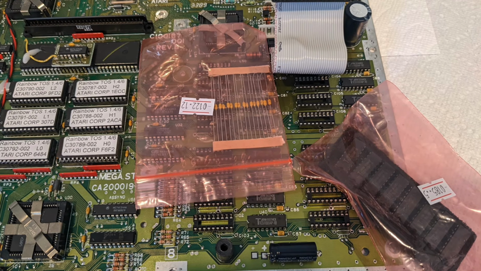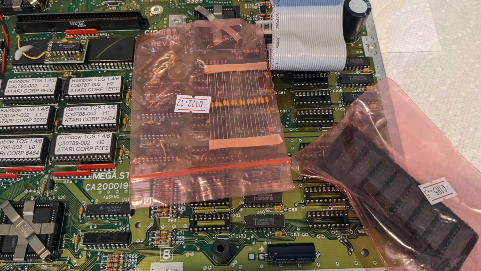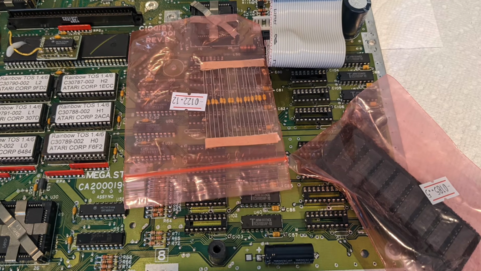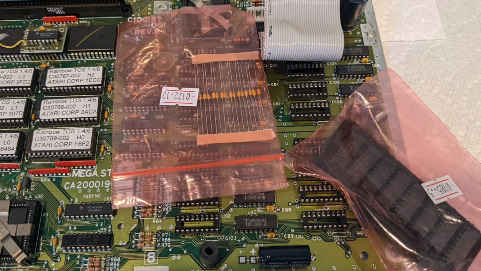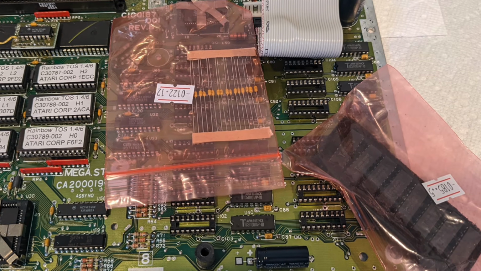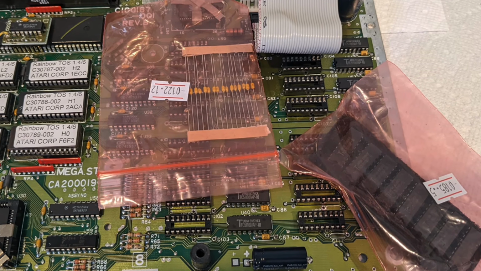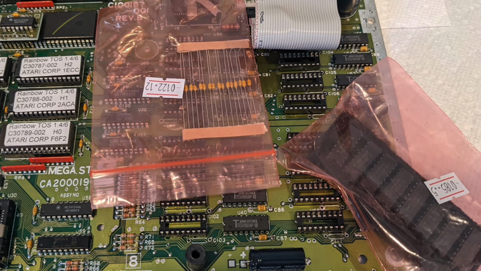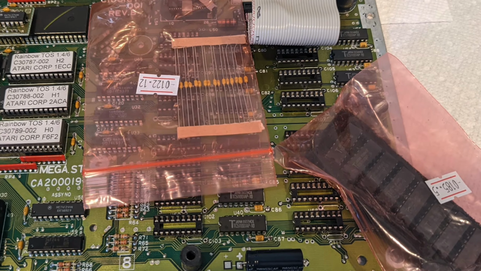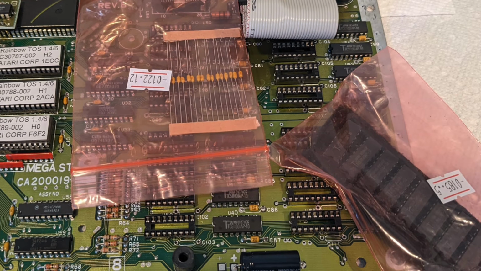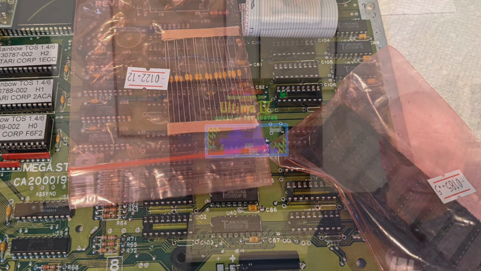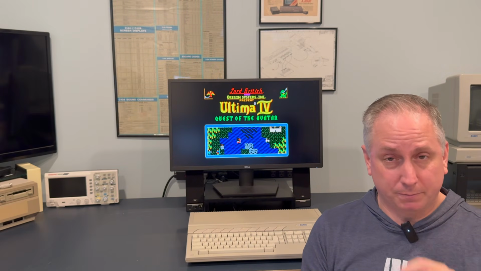Step number 1, clear out the RAM solder points. Number 2, I would recommend soldering in sockets. It's not required, but I'd recommend you get some sockets and solder them in place. 3, add decoupling capacitors. I don't know if it's 0.1 nanofarad or whatever it is, you can look it up. You need to add one decoupling capacitor for each RAM chip.